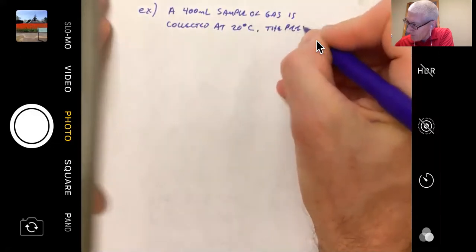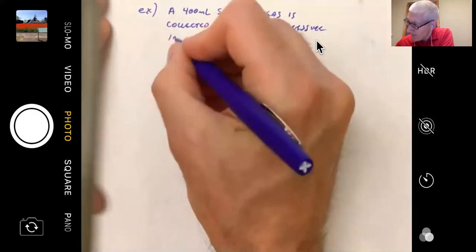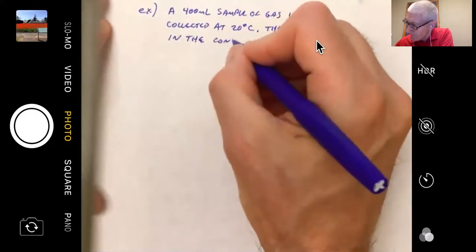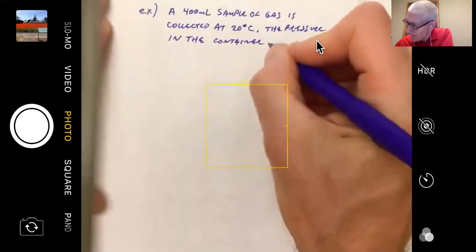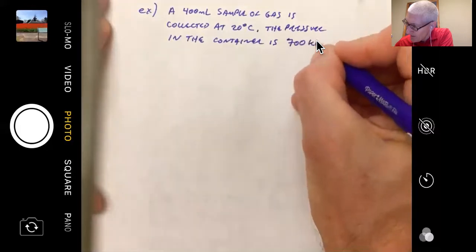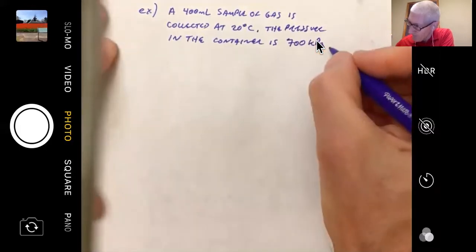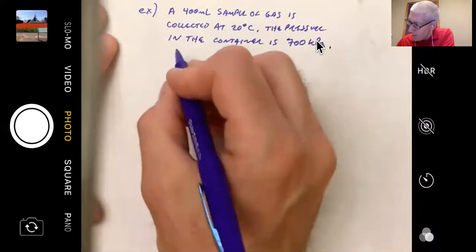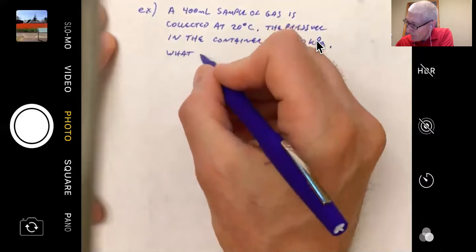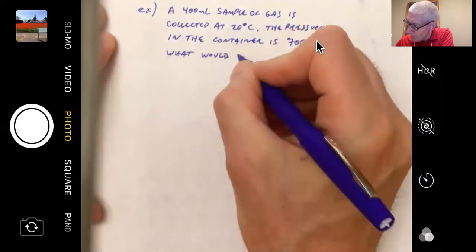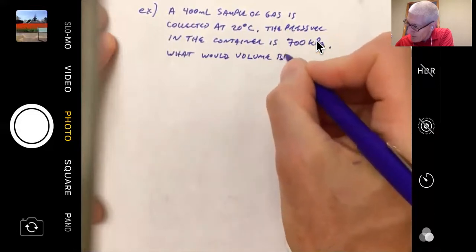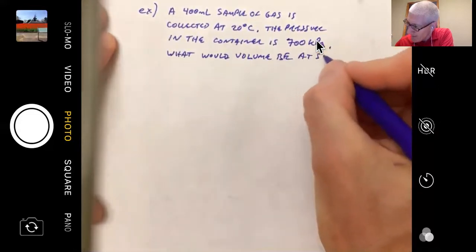The pressure in the container is 700 kilopascals. And then we're going to say, what would the volume of the gas be at STP?